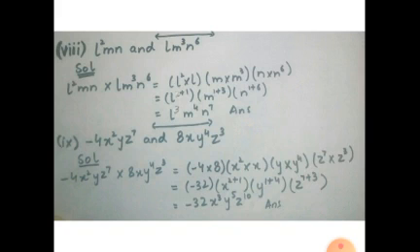Now comes part number 8, that is l²mn and lm³n⁶. Here in the solution, first of all we write a multiply sign in between these terms, and then, because there is no numeric value here, we just separate the like variables.